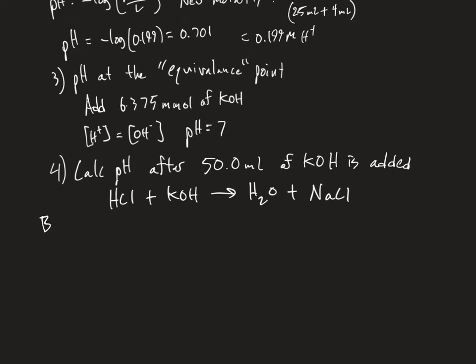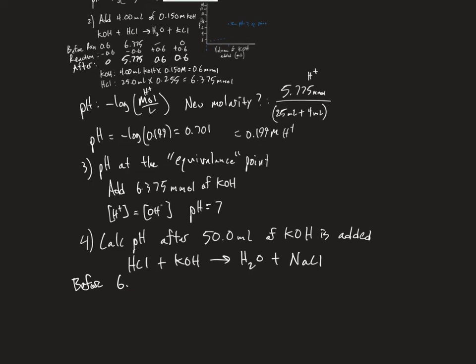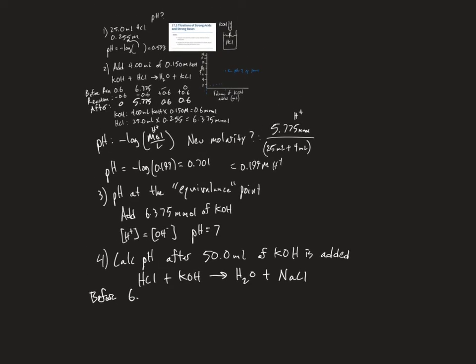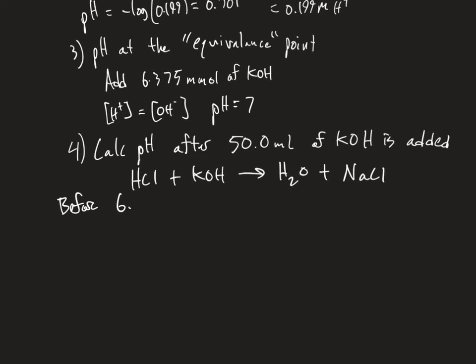So before any reaction occurs, let's think about what we had. We had 6 point, let's double check, I might have written that down wrong. It should be 6.375, I believe. Again, these are millimoles.